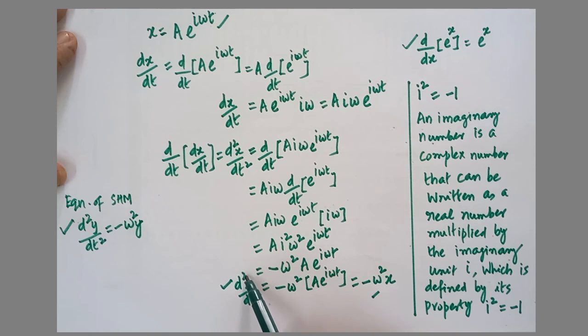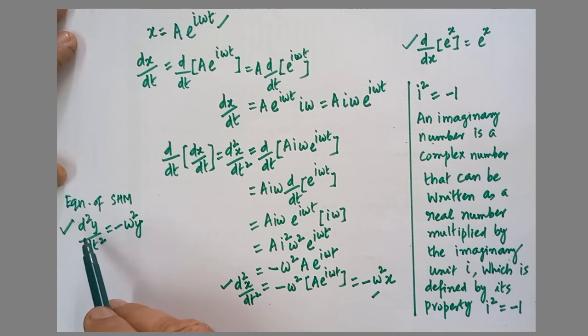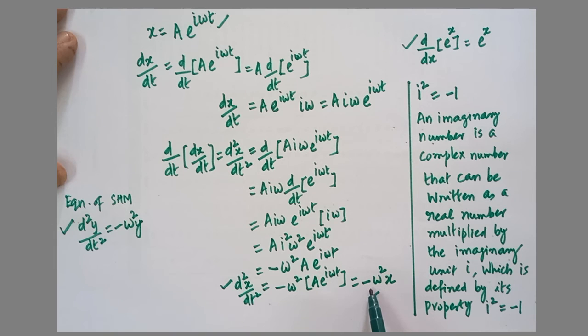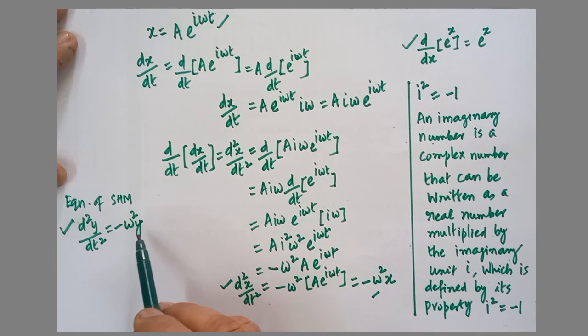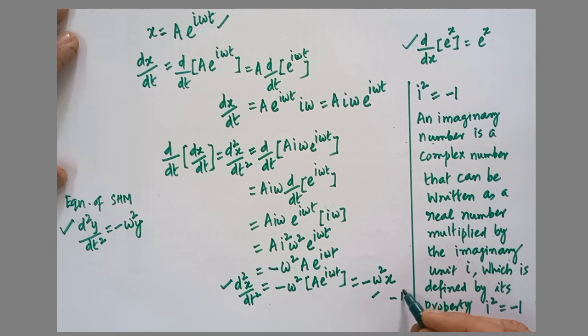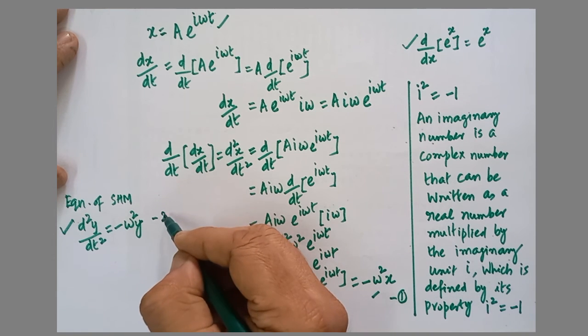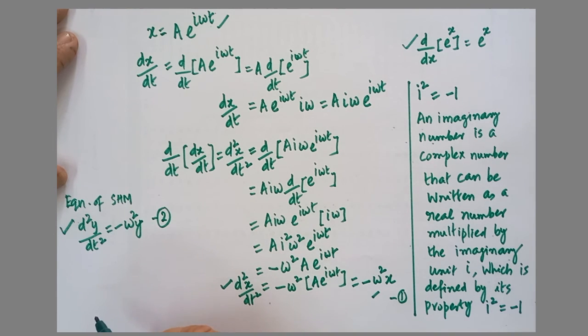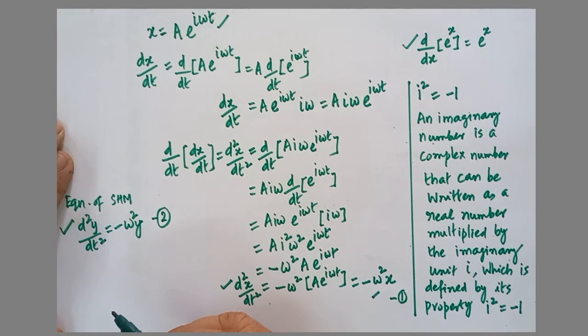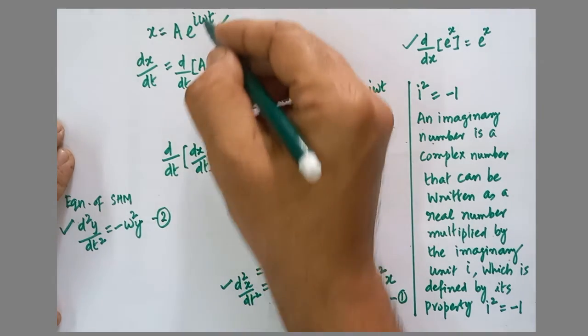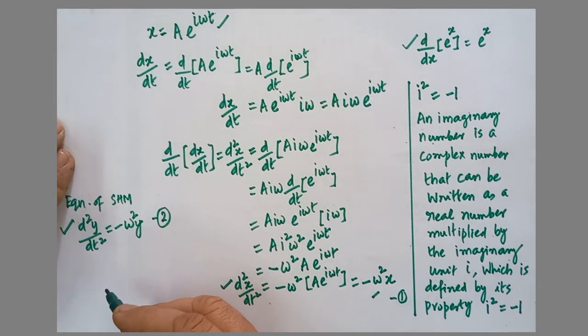Look here, d²x/dt² is there, here d²y/dt² is there. Both are similar. Here minus ω² is there, here also minus ω². Here displacement x is there, here displacement y is there. Are you clear? So it shows that equation 1 and equation 2 are similar. So it shows that this equation represents SHM.